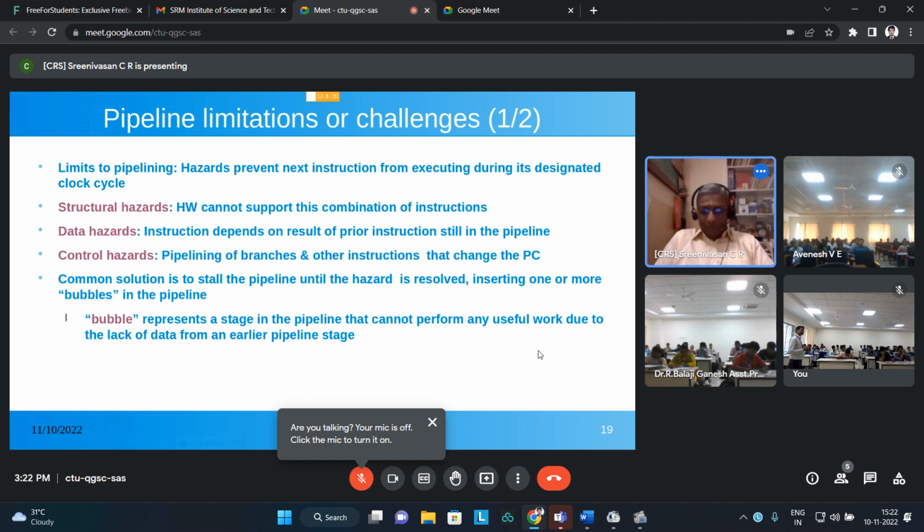For example, if I have to give an example of a limitation, let's assume you are coming to college by a bicycle. The bicycle does not have a gear, a clutch, or an accelerator essentially.